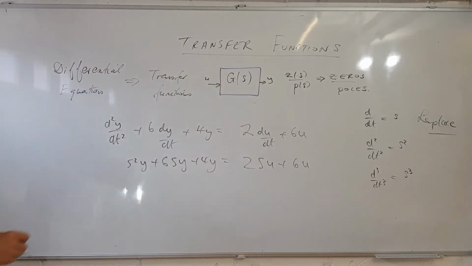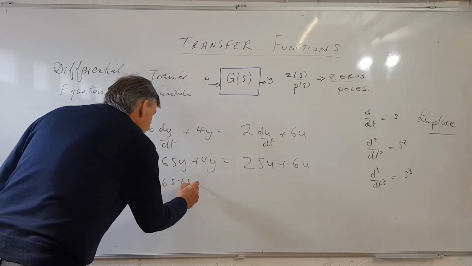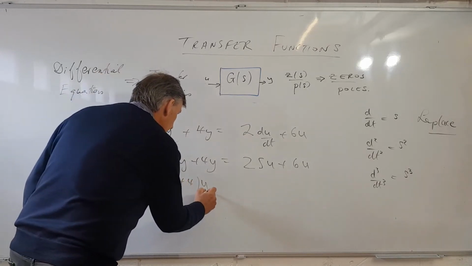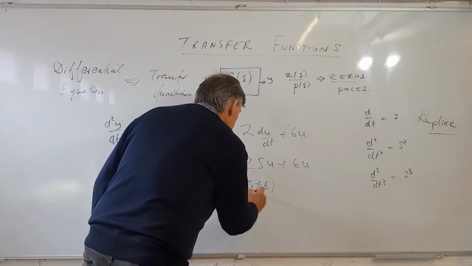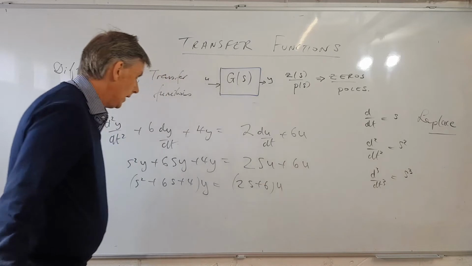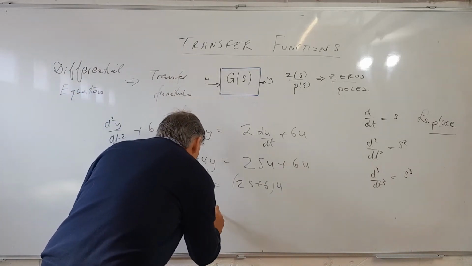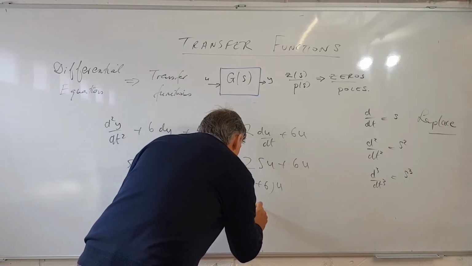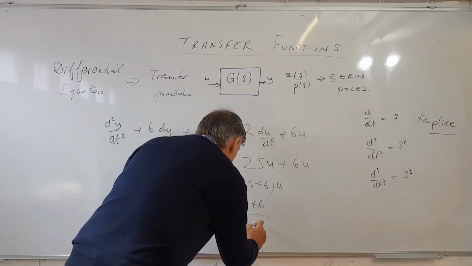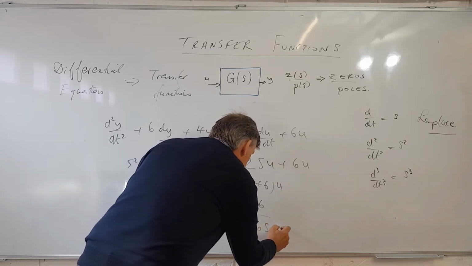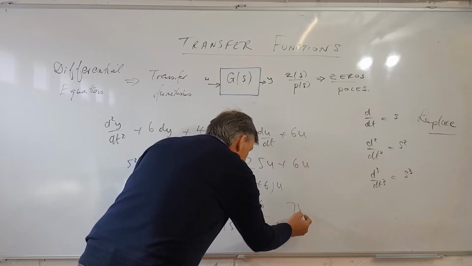We're going to take y out as a common factor, so we get s squared plus 6s plus 4 times y equals 2s plus 6 times u. And then we can move this one underneath there to get y equals 2s plus 6 over s squared plus 6s plus 4. And that's all multiplied by u.